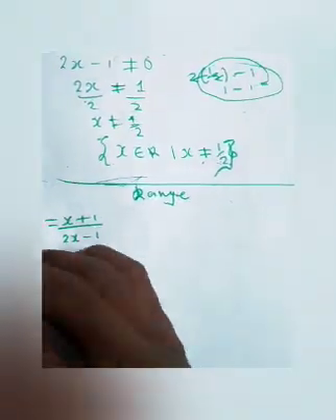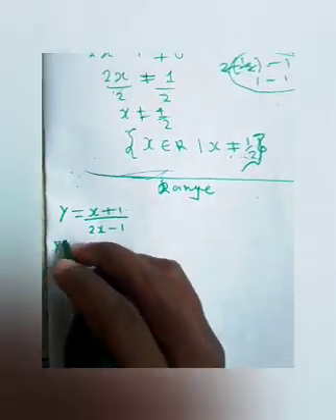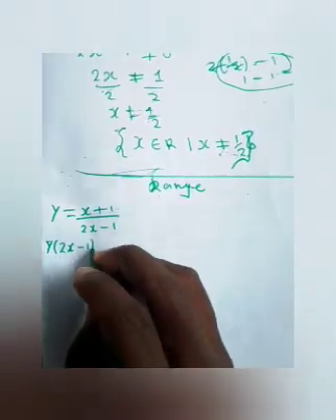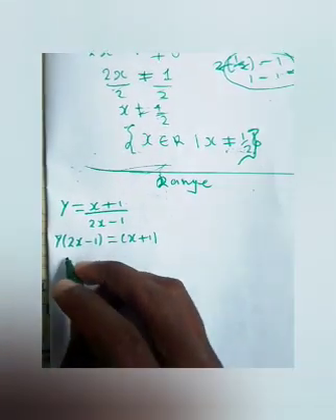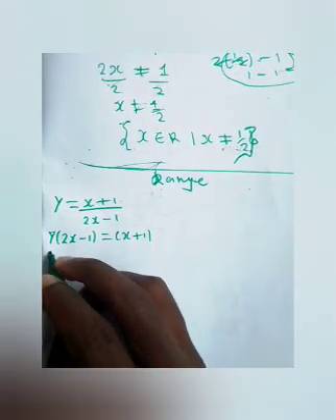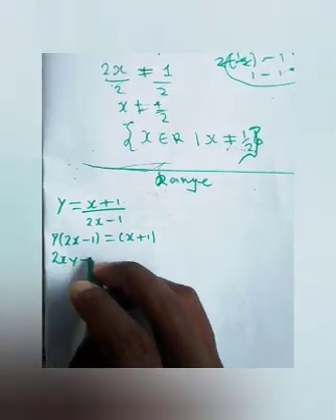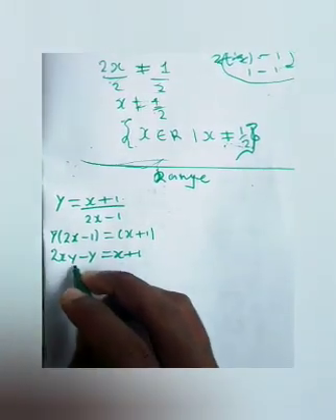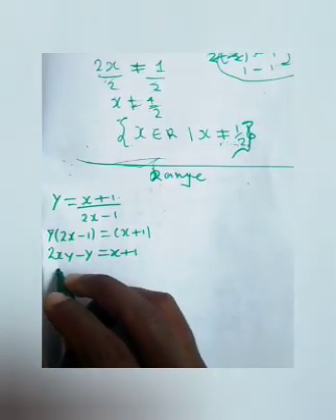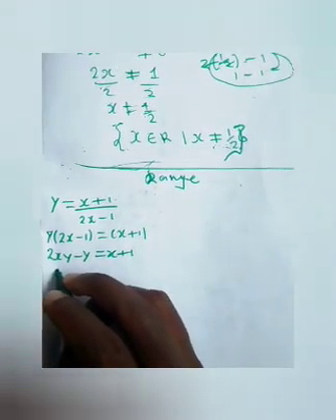Then I'll cross multiply. So I'm going to have y times 2x minus 1 is equal to x plus 1. Right? Expand this here. So we have 2xy minus y is equal to x plus 1. So we need to make x the subject of the formula. Always remember that.